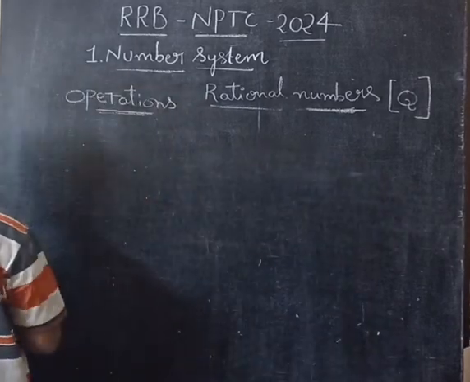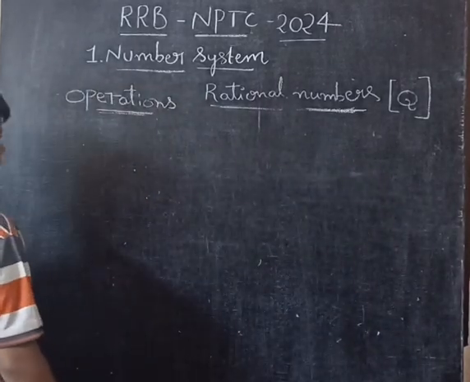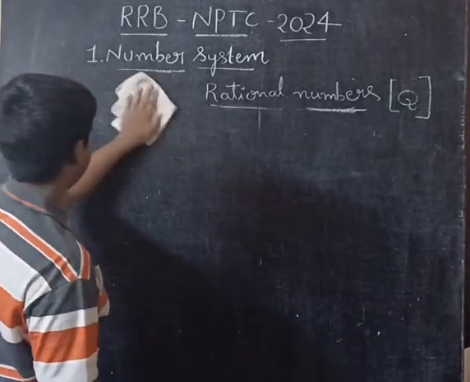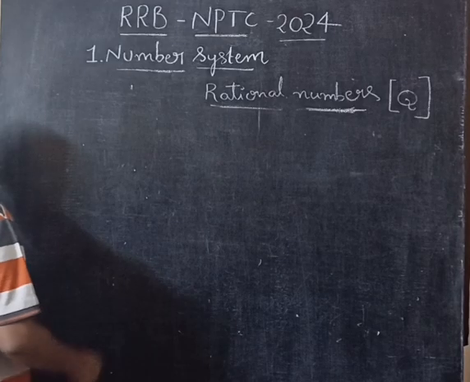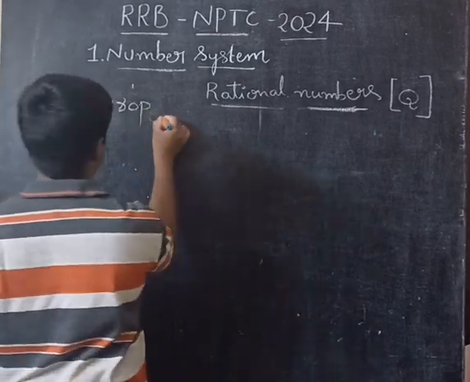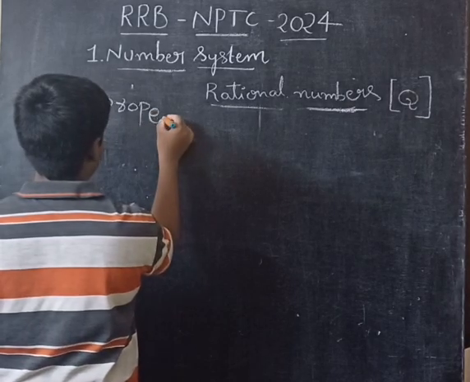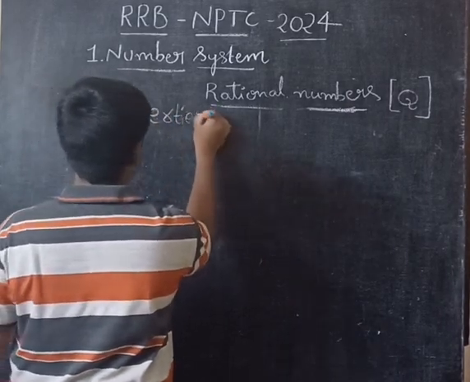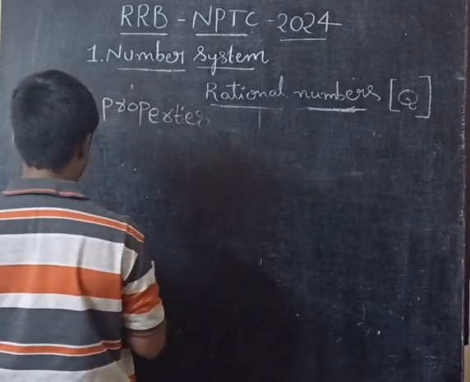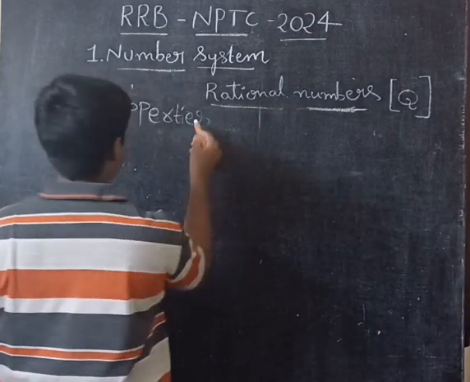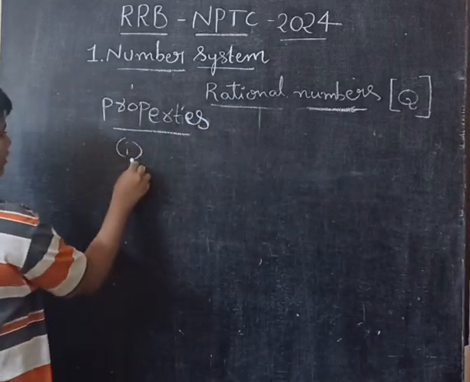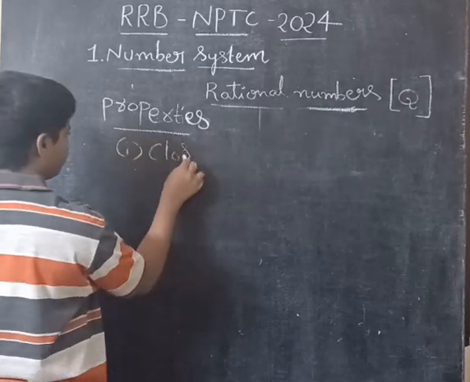So this is the fourth operation, division. Up to this, rational numbers are completed. And if we see some properties, in this first one, closure property.